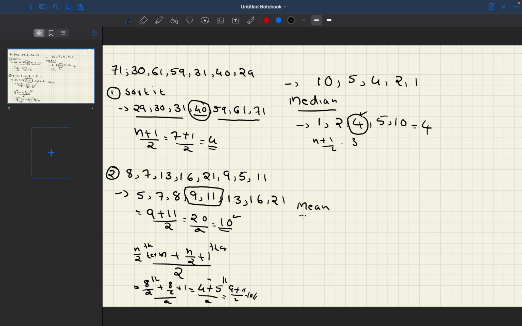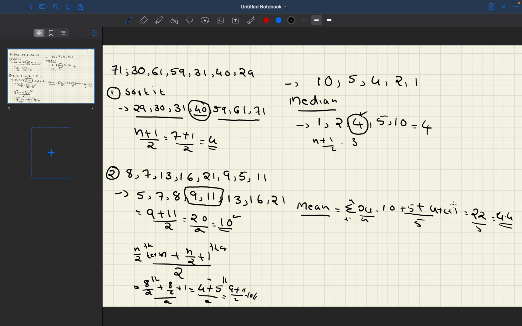Now just calculate the mean of the data. How can we calculate the mean? This is sigma x of i by n, right, with i equal to 1 to n. So this will be 10 plus 5 plus 4 plus 2 plus 1 divided by 5, which is equal to 22 by 5, which is 4.4.